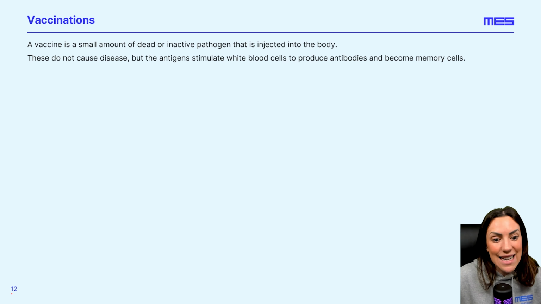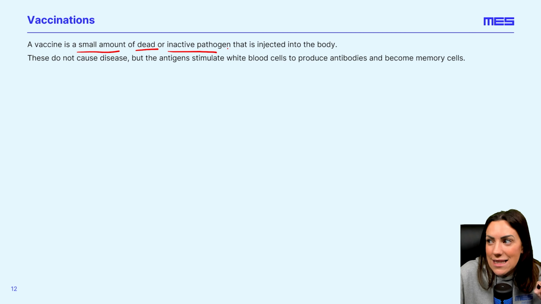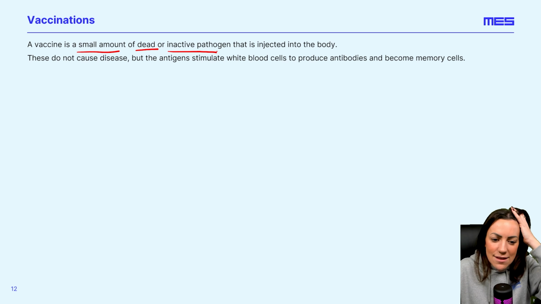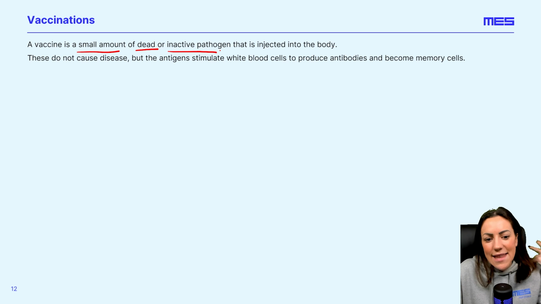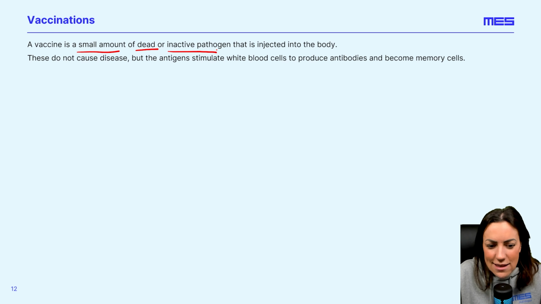Let's talk about vaccinations next. So a vaccine is basically where they inject you with a small amount of dead or inactive pathogen. What we mustn't say, and I've seen this many times in student answers, we mustn't say they inject you with the disease, okay? They are not injecting you with the disease.